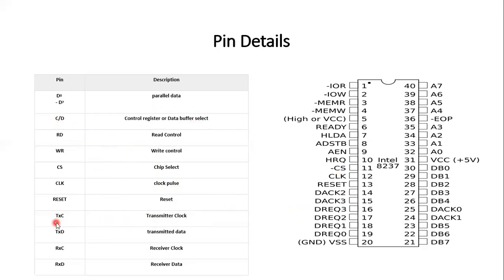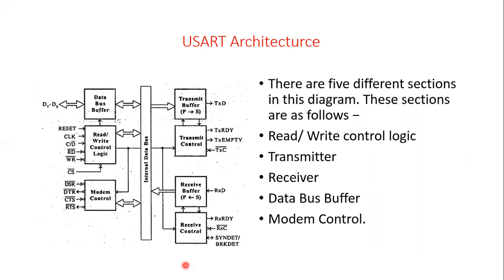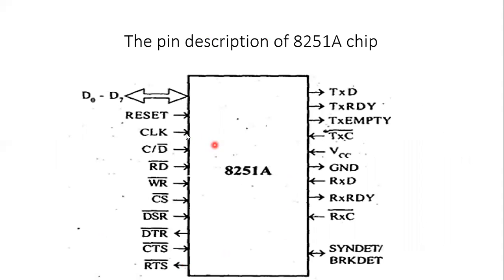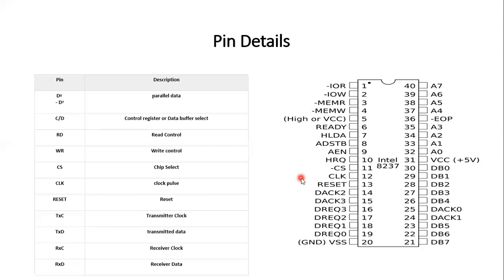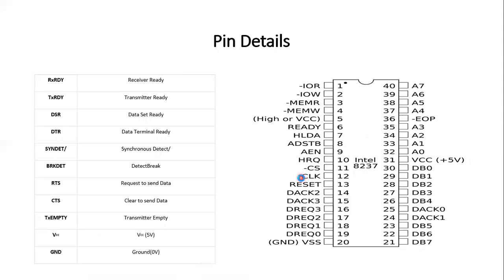Then transmitter clock TXC. And then TXD is the transmitter data. Then RXC is the receiver clock. Then RXD is the receive data. So the pin details are given here.